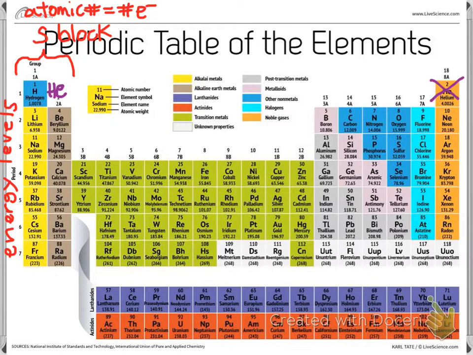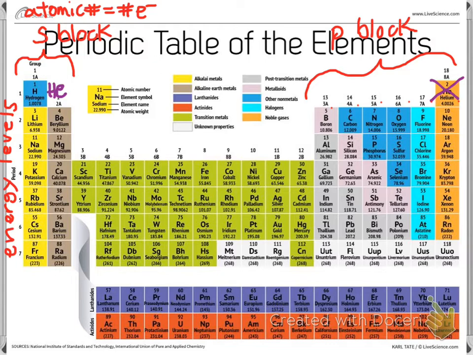Notice over here I have 1, 2, 3, 4, 5, 6. That's not a coincidence. This is my P block. Over here, I'm putting electrons into my P orbitals.